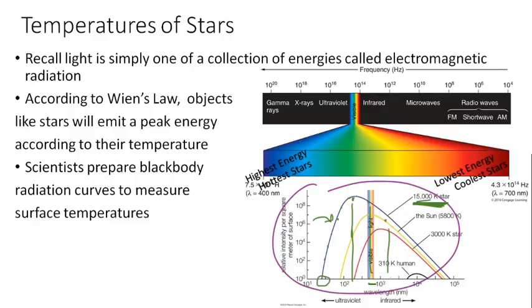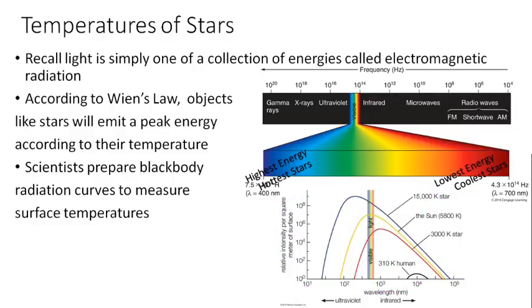So that's for a very hot star. Well, let's pick the coolest star we have up here, which is 3,000 Kelvin. So it is the red curve. If we compare the blue curve for the hot star versus the red curve for the cooler star, hopefully you see two things.